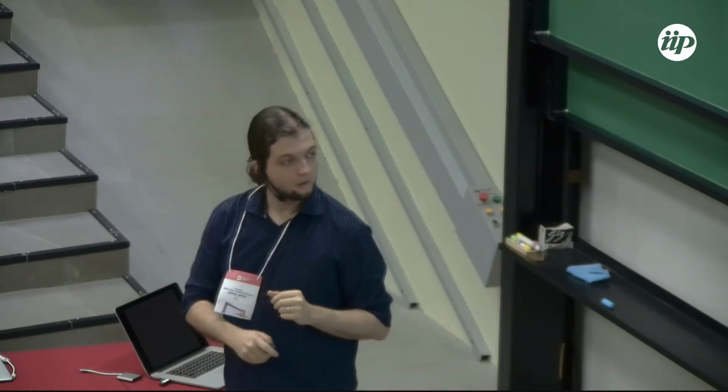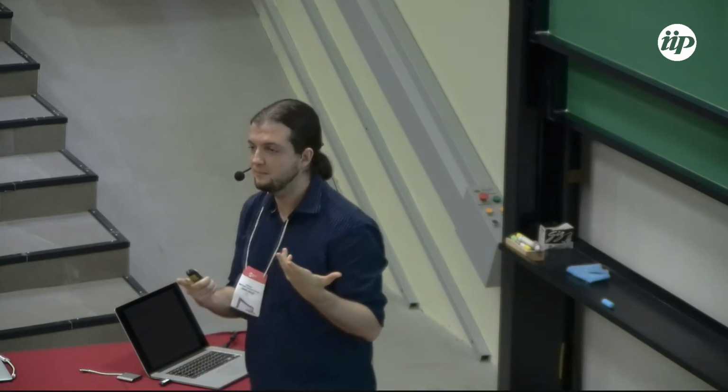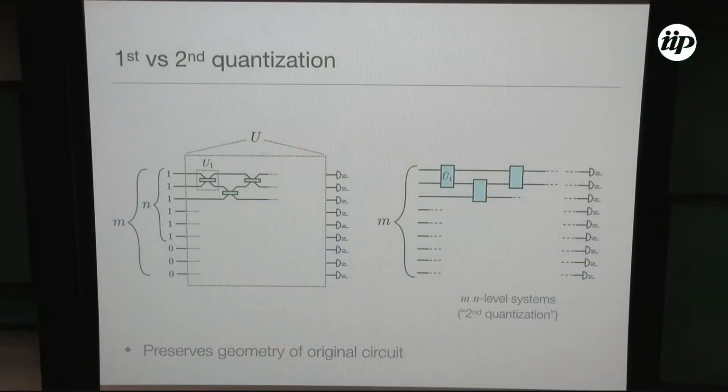So there are 2 ways that you could map this to a quantum circuit. One of them is based on what we've called the second quantization mapping. Here, you map each mode to a qubit, and the qubit tells you how many photons are in that mode. So this qubit has to be an n-level system, because you can have up to n photons in a given mode.